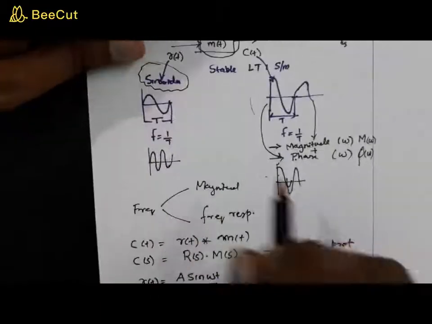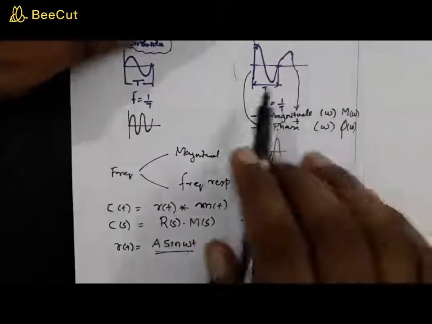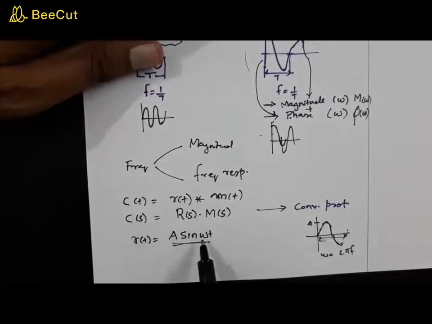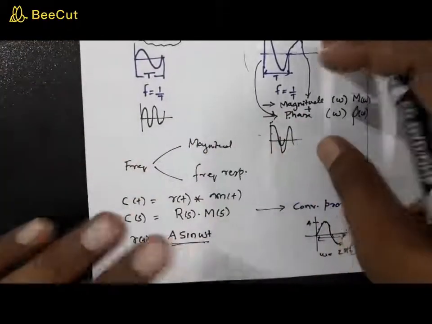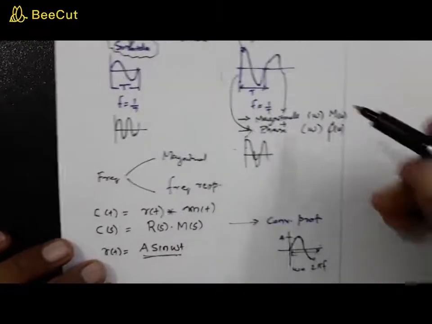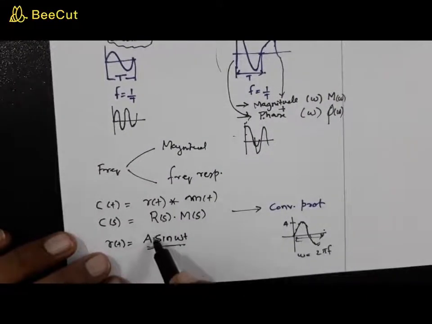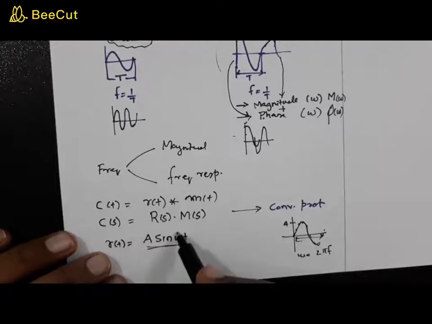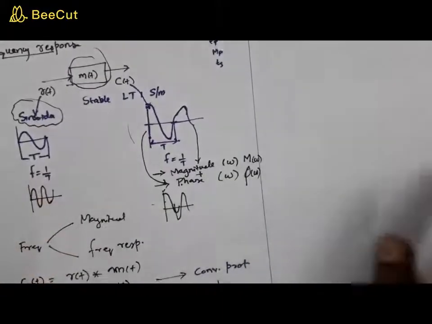Now as I told you, since it's a linear system, you will be getting exactly a sinusoidal output with the same frequency, but they will be differing. The magnitude will no longer be A, and there will be an additional phase along with this. Omega t plus some phi of omega will be the output.